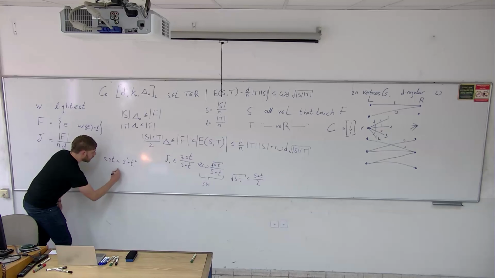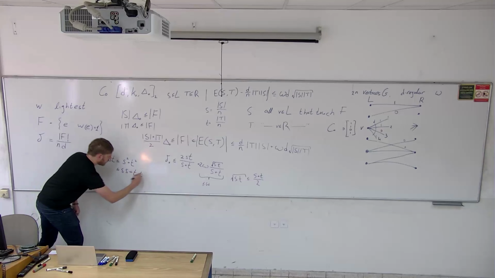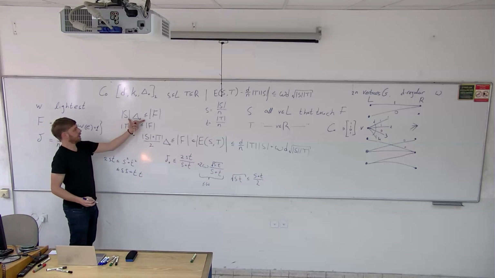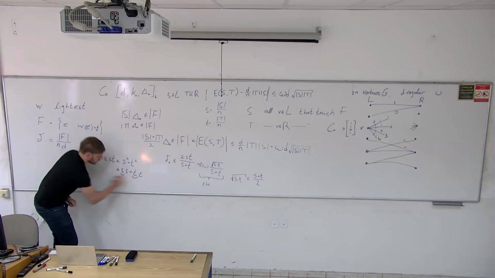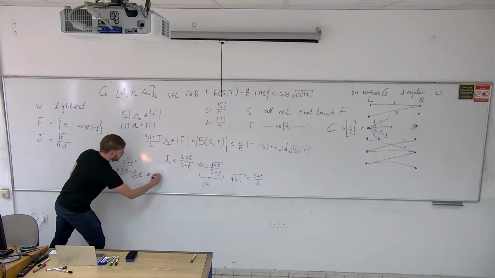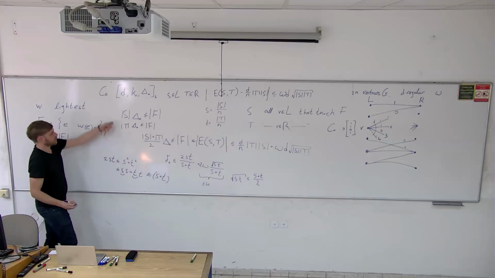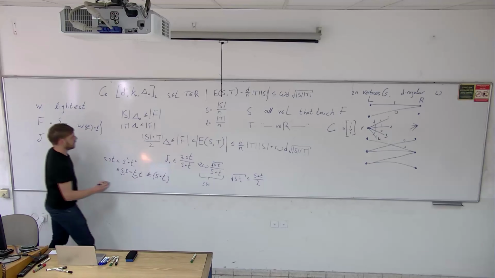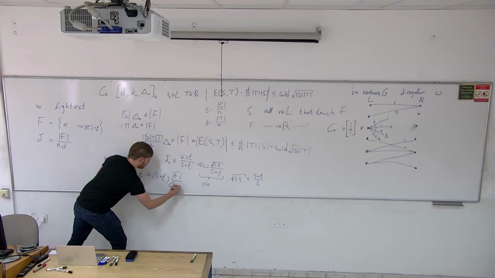And now, this is like s times s plus t times t, and I use this bound on this s and this t. So s plus t times each one of them, I replace by F over delta 0.